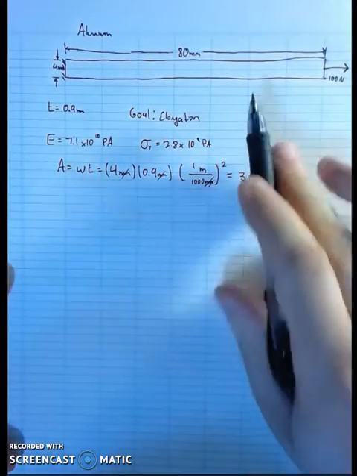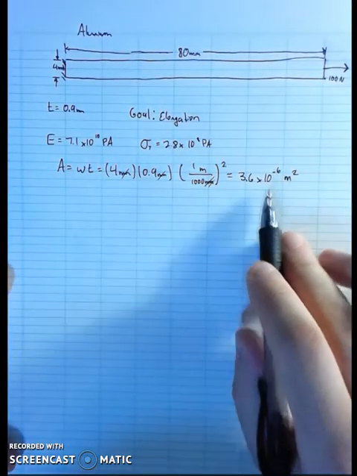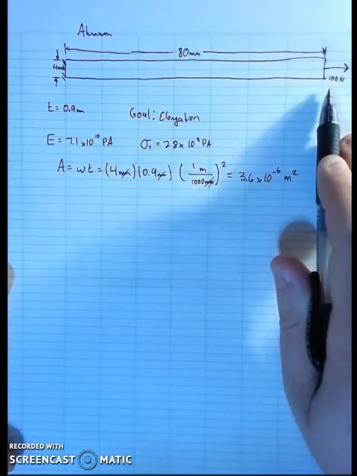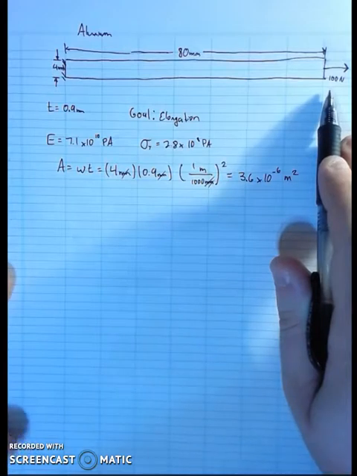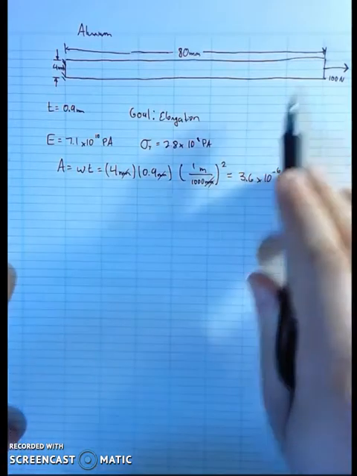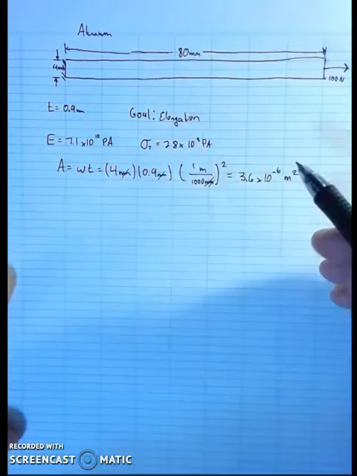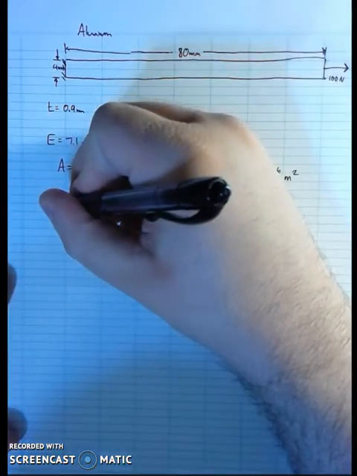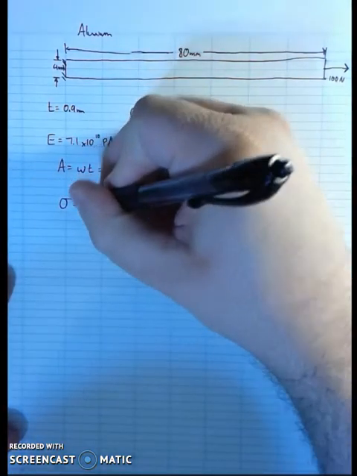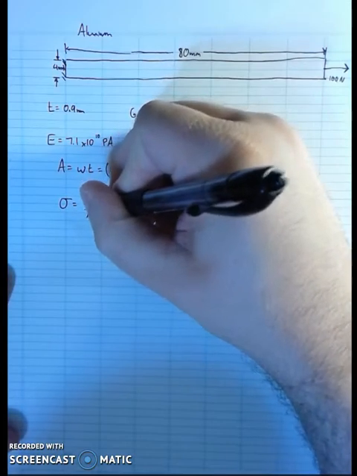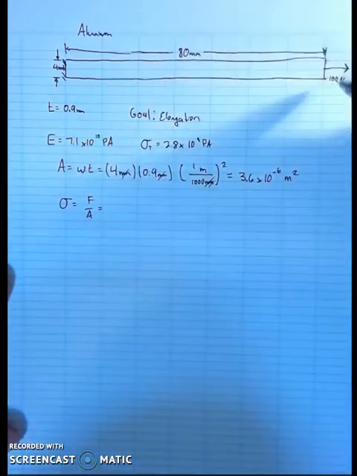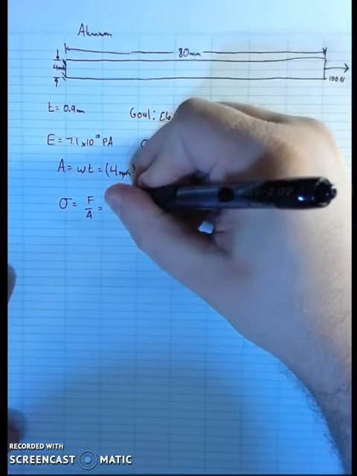So that's the force, that's the area upon which this force is acting. My next step is to determine the stress that's imposed across this geometry. We know that the stress is equal to the force divided by the area. And the force, as I said before, is 100 newtons, so that value I know.